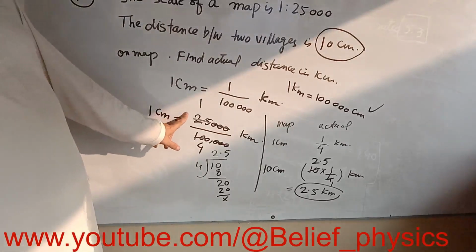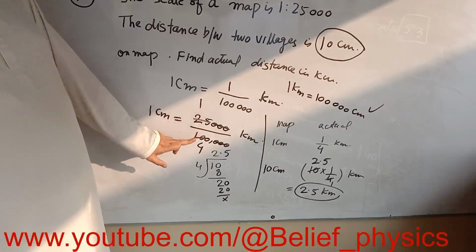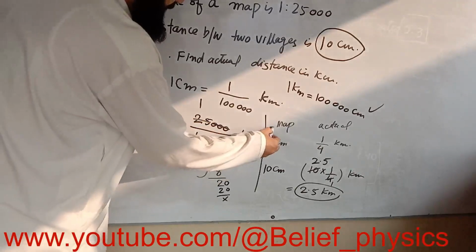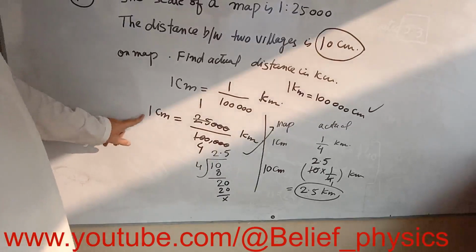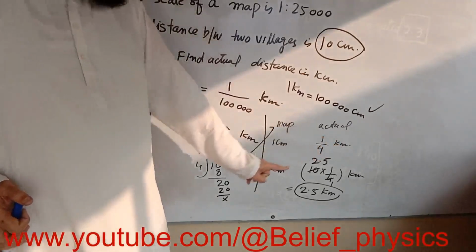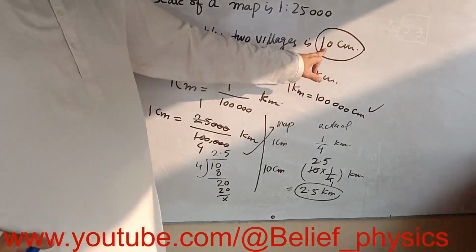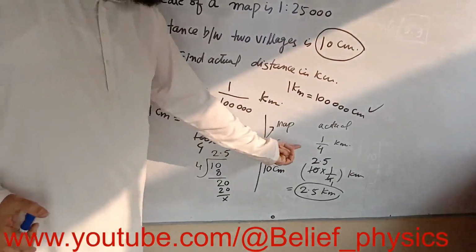1 centimeter will show 25,000 over 100,000 kilometer. Or in other words, 1 centimeter on map will show 1 over 4 kilometer in actual. So if the distance between two villages is 10 centimeter on map, how many? So 1 centimeter represents 1 over 4 kilometer.